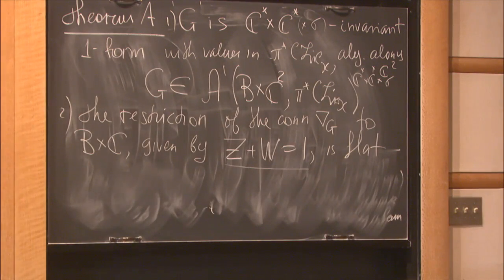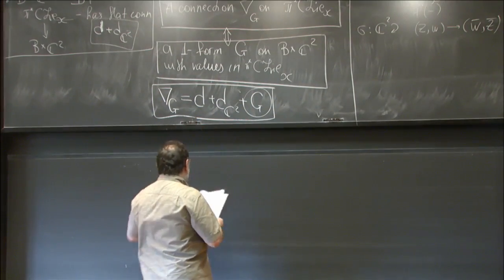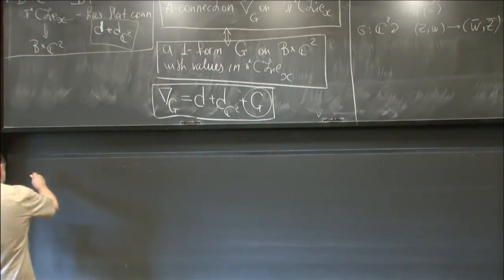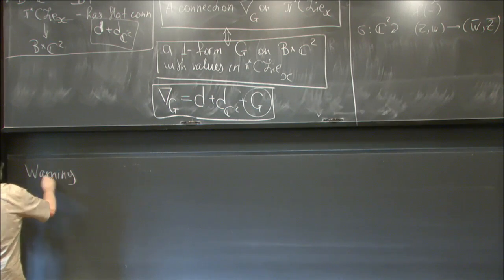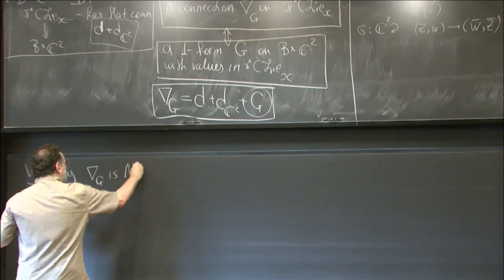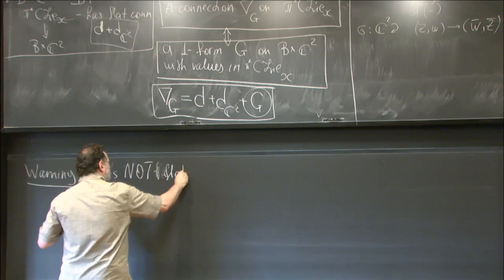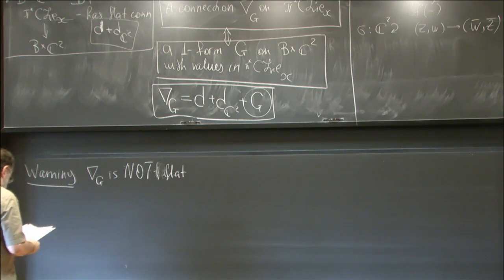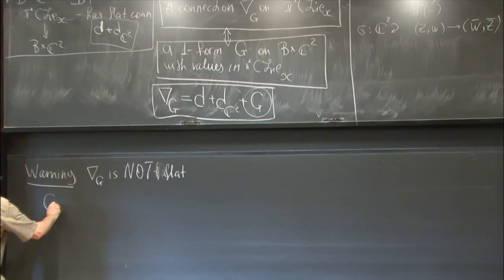So first of all, a warning that this connection is not flat. It's not flat. And moreover, if you consider the curvature of this connection, this is a very important invariant of the data.